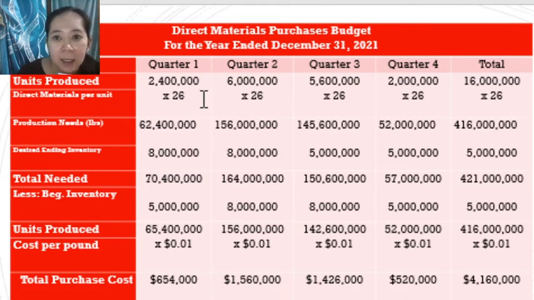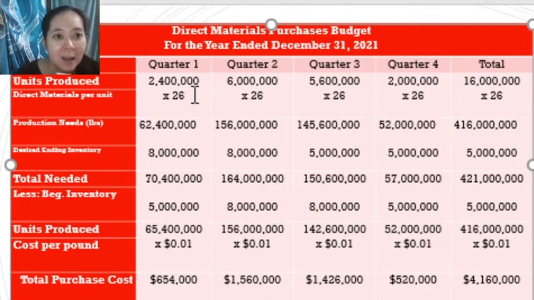Next is the direct materials per unit. To reiterate the data, each concrete block needs 26 pounds, so that's why we multiply by 26.